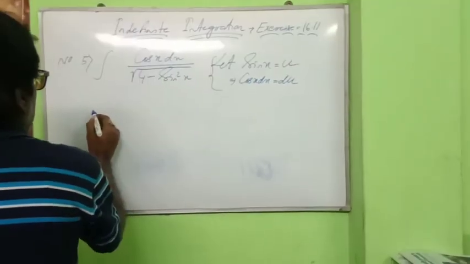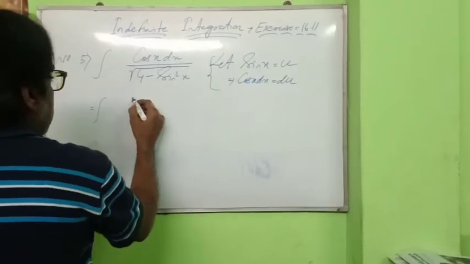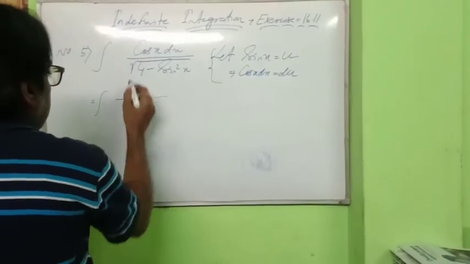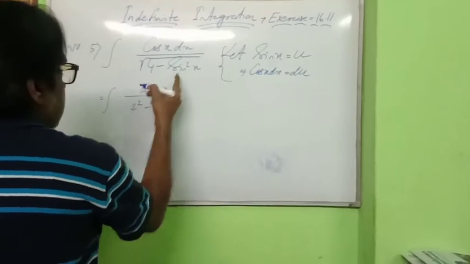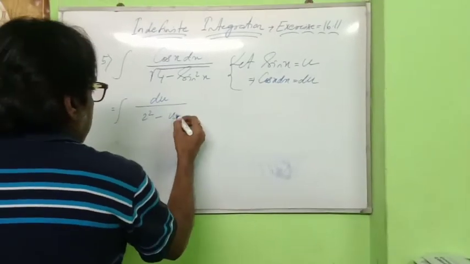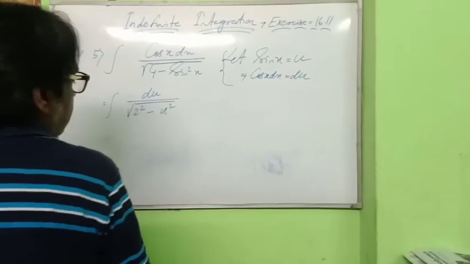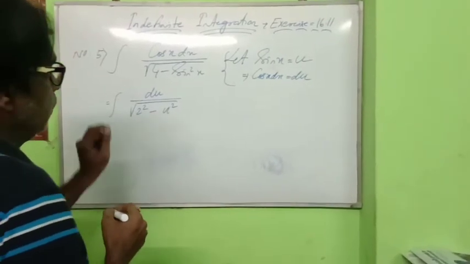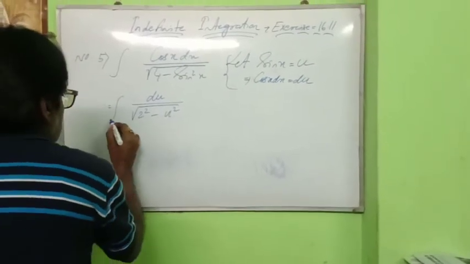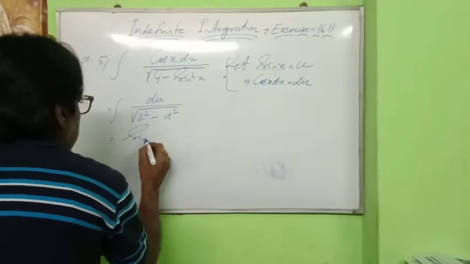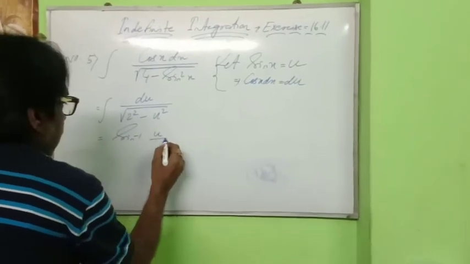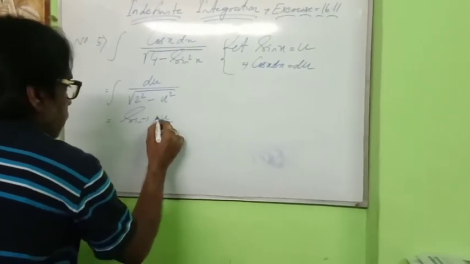Now just put here cos x dx, which means du. This is 4, which means 2 whole square, and sin square x means u square, root over. This is the a square minus x square formula. What is the answer? This will be sin inverse of u by 2 plus c.